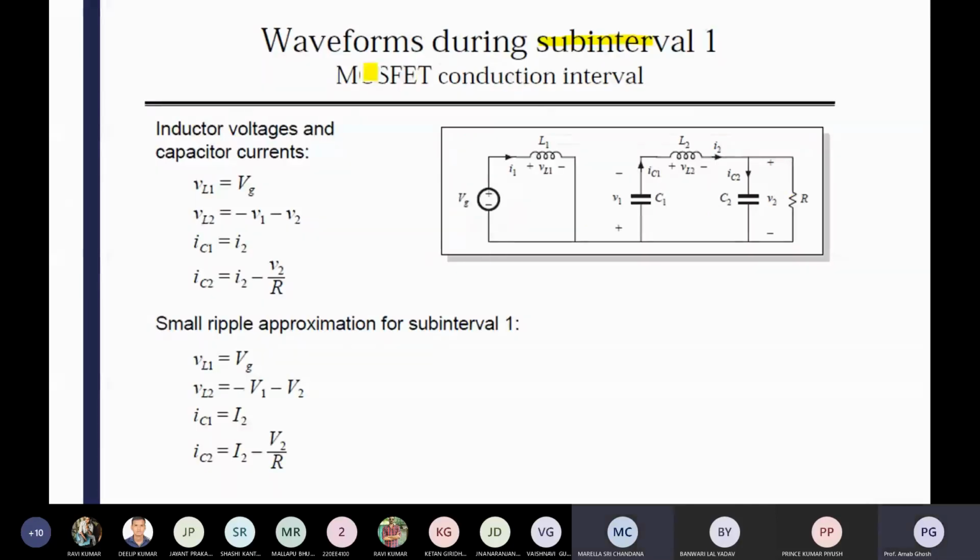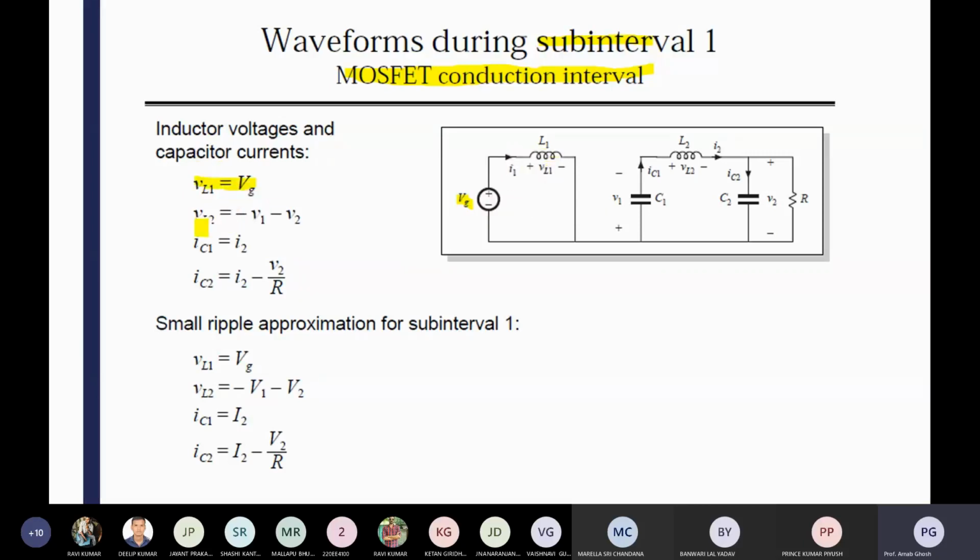So here we have a set of equations for the different conduction intervals. For mode 1 operation, sub interval 1, also called mode 1, you can write the equations: VL1 equal to Vg.